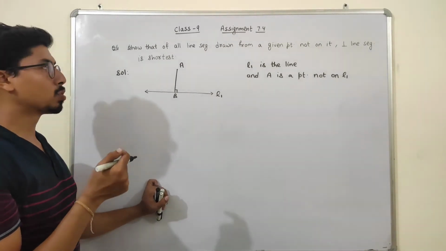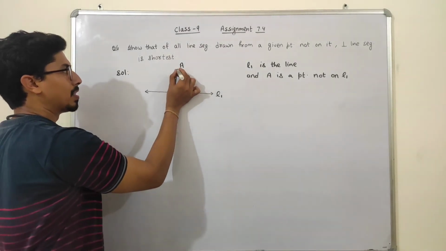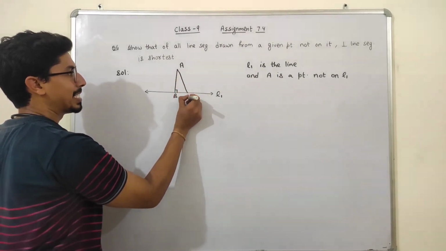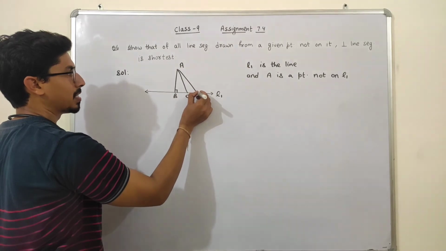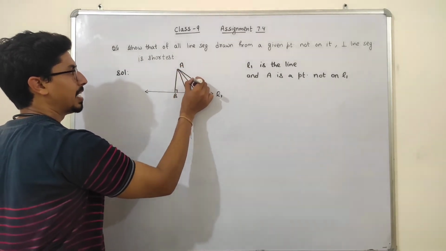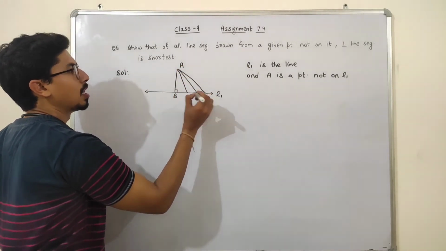So just draw some other lines also. Name them AC, AD, and AE.